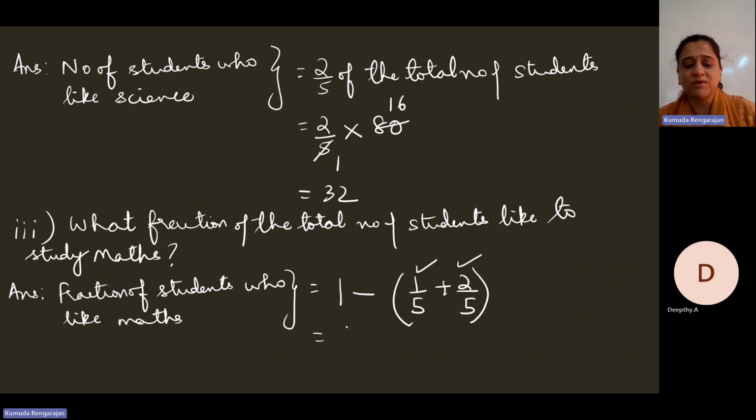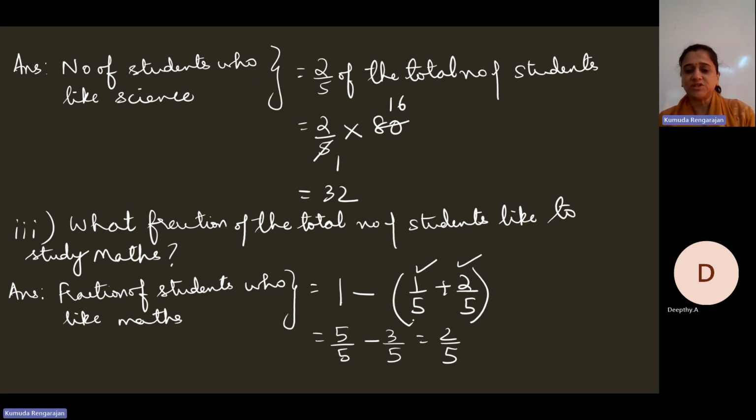So 1 means 5 by 5, right? Minus 3 by 5. 1 plus 2 is 3, 3 by 5. So 5 by 5 minus 3 by 5 is 2 by 5. 1 can be written as 5 by 5. Please write down on the board. 1 can be written as 5 by 5 or 6 by 6, 7 by 7, 8 by 8.